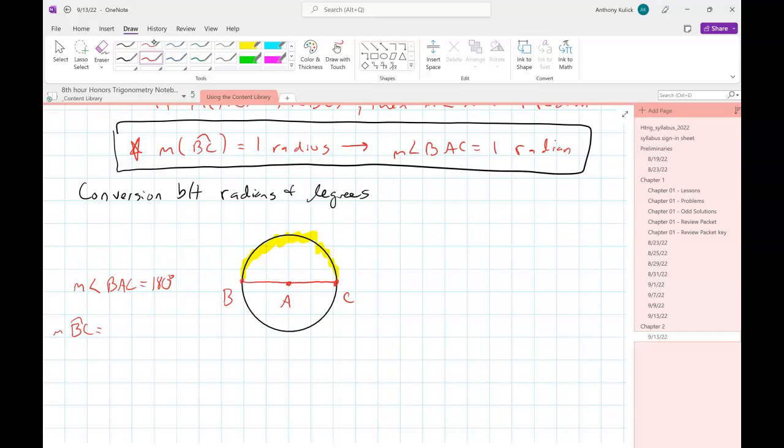Half of the circumference. And how do I calculate the circumference for a circle? That's the area. It's the other one. 2 pi r. Well done. So that's pi r.